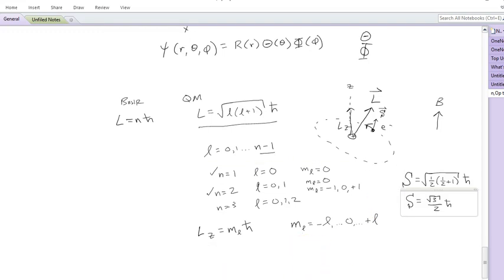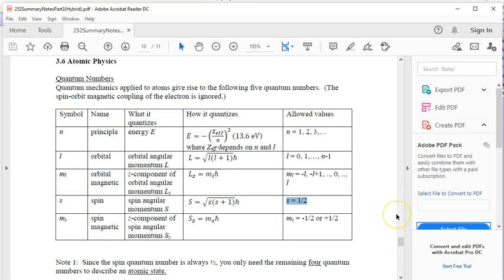It's just like the quantization of the z component of L by the orbital magnetic quantum number m sub L. So we introduce a spin magnetic quantum number, m sub s, and we say it quantizes the z component of spin angular momentum, S sub z, and that quantization looks like m sub s times h bar.